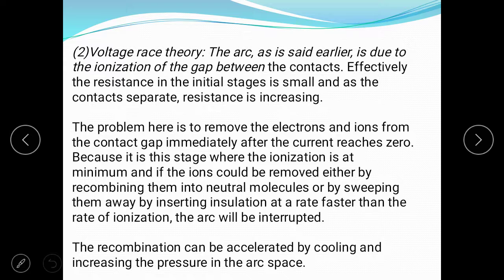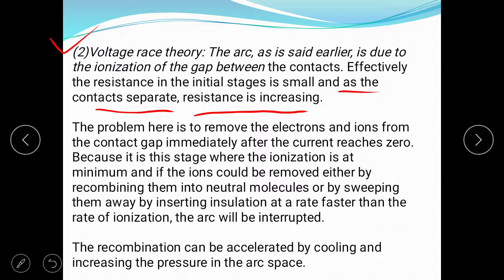Second theory is the voltage race theory. According to this theory, the arc, as said earlier, is due to the ionization of the air between the gaps. So effectively, the resistance in the initial stage is small, and as the contacts separate, resistance increases.